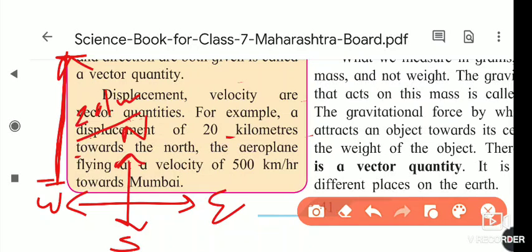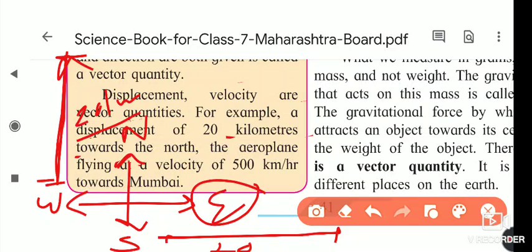If I said he displaces 20 kilometers towards east, then I will show this direction, because east is here, so 20 kilometers here is where that person will go. In that way, we are using directions here, and that's why this is a vector quantity.